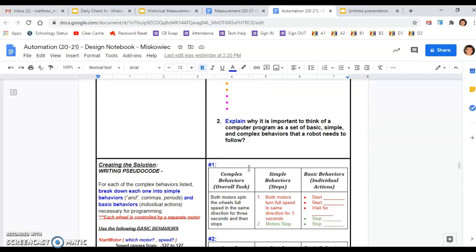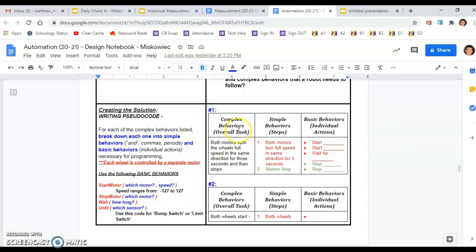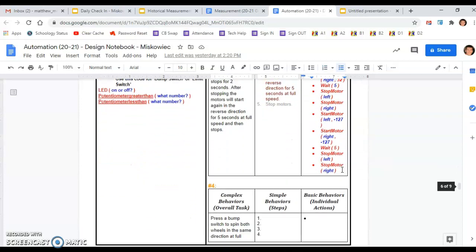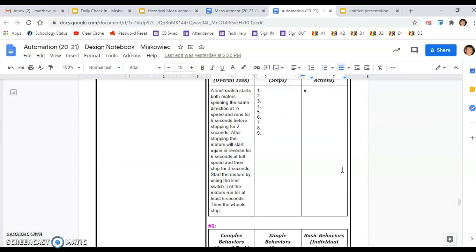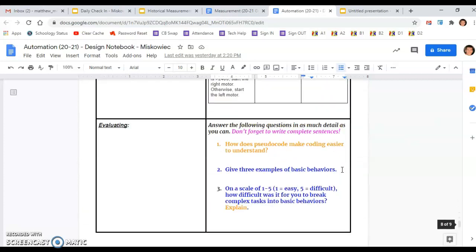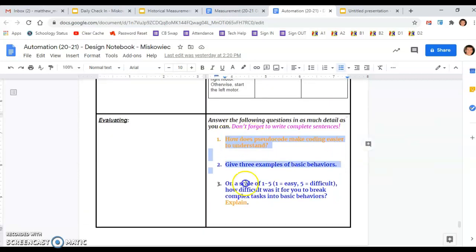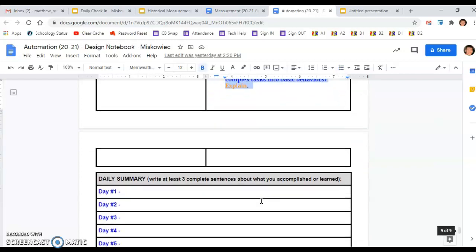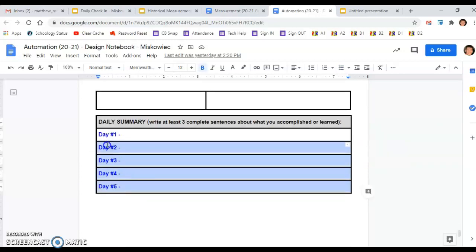The third grade of creating the solution was writing pseudocode. So there are complex behaviors that were broken down into simple steps, and then from there broken down into individual actions. There is a long chart here, and it was taking time to complete all of this. That is your third grade. And then the fourth grade of evaluating was these conclusion questions along with the daily summary at the bottom.